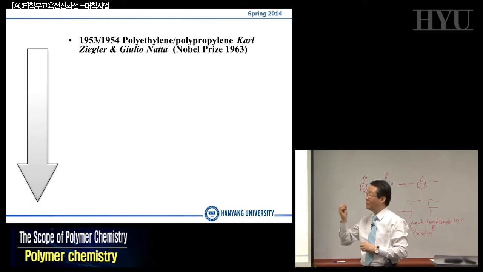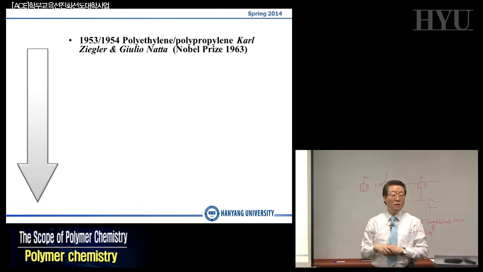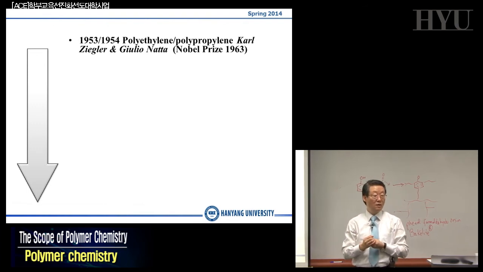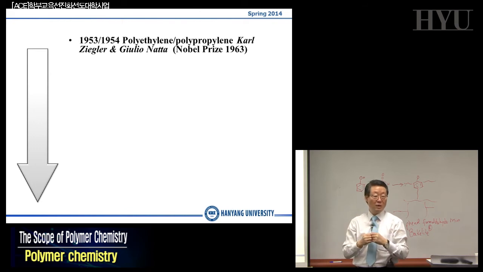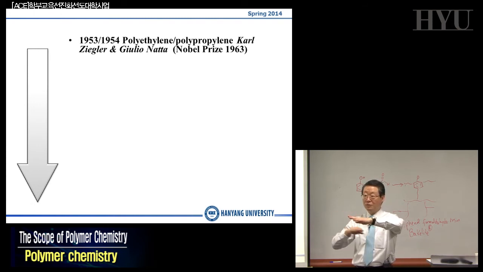But these two gentlemen introduced the catalyst. Once you introduce your catalyst in your reacting system, you can produce your polyethylene at low pressure, which means that you can make linear polymers.